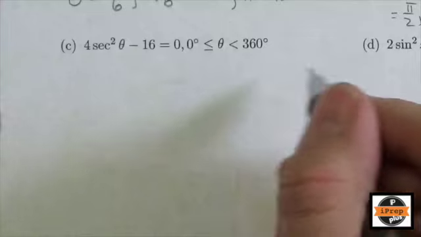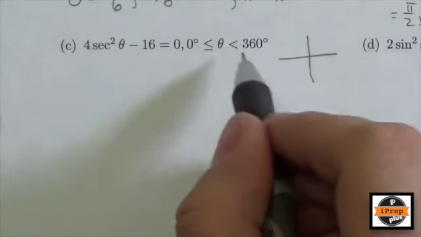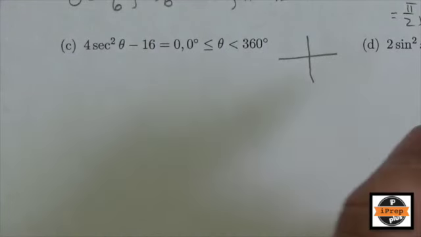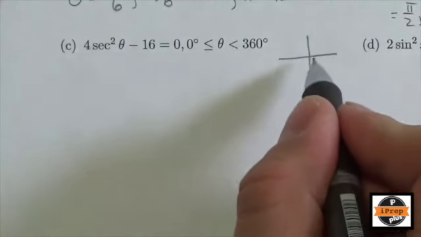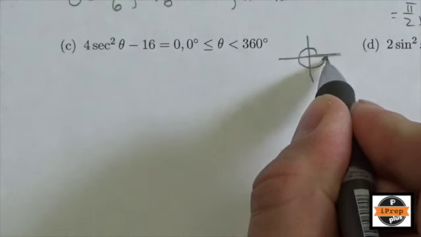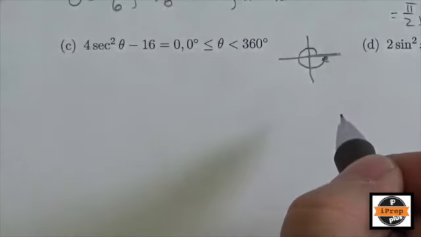So we're in degrees, which is important. What does it mean to go from 0 to 360? Well, 0 is the positive x-axis, and 360 refers to a full positive rotation. So there's where our solutions are going to be, somewhere in there.